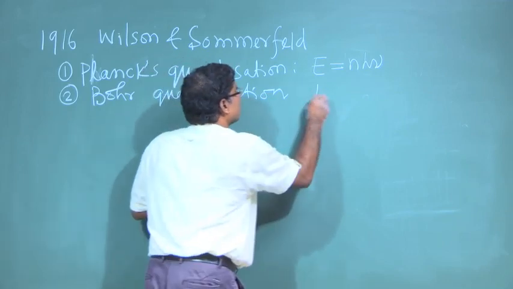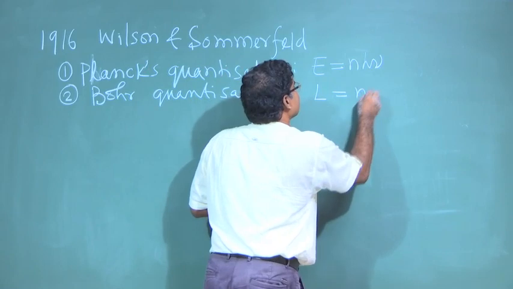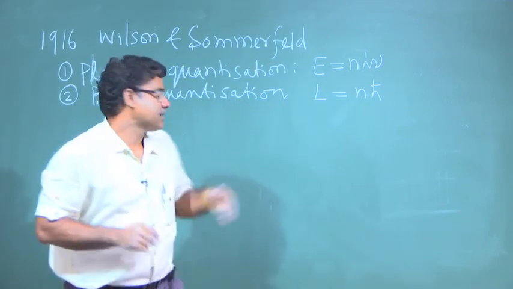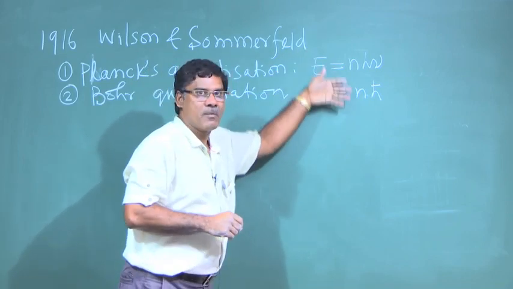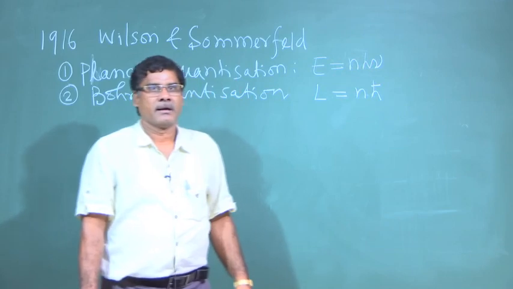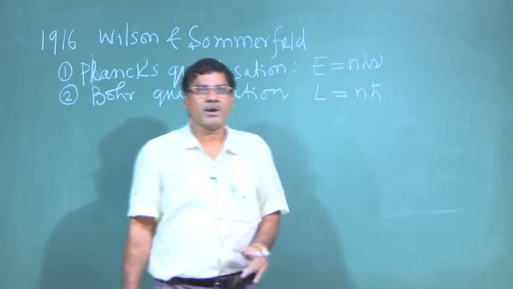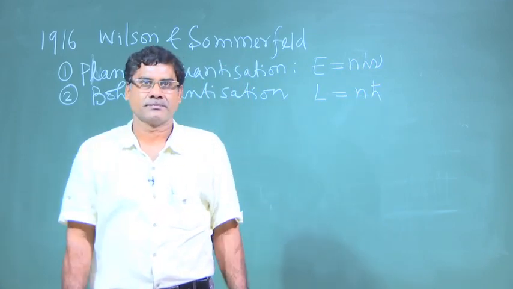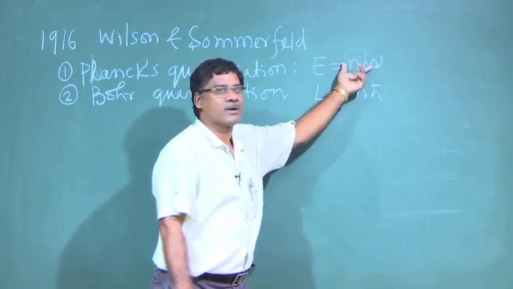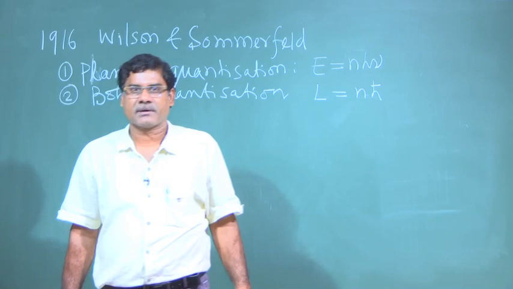So, here Bohr considered this quantization, L equal to n h cross. You see, this quantization is completely different in nature. One is energy quantized, another is angular momentum quantized.